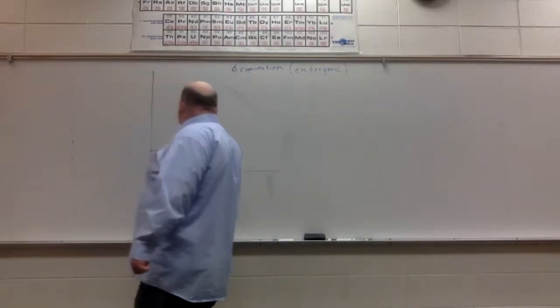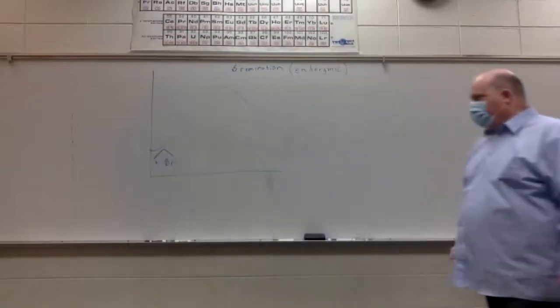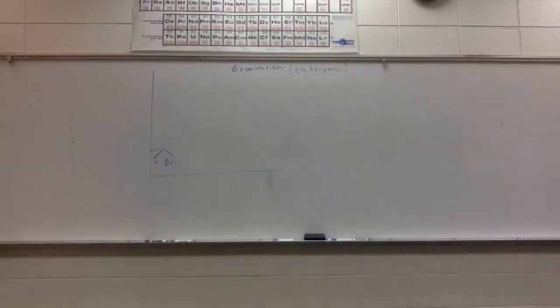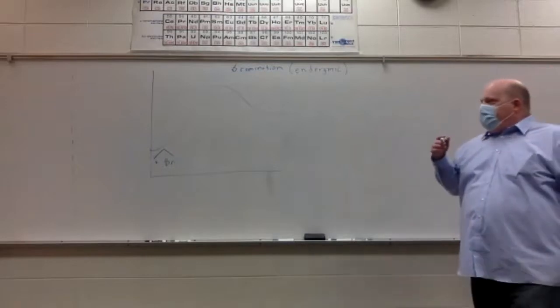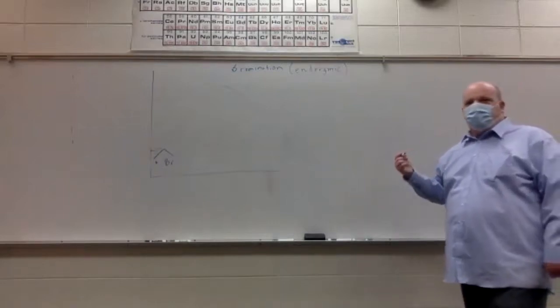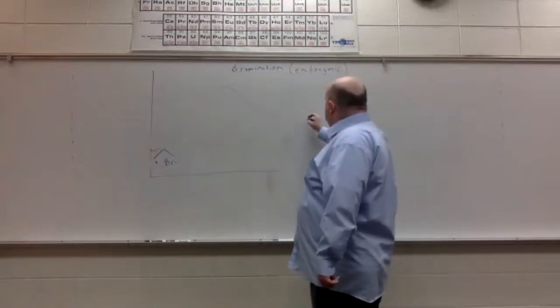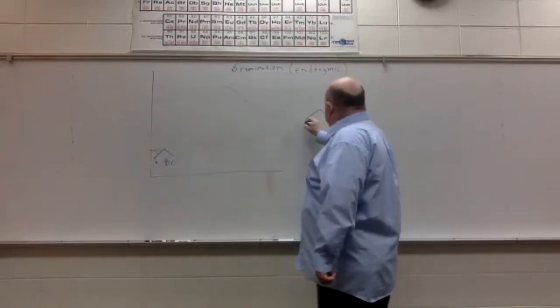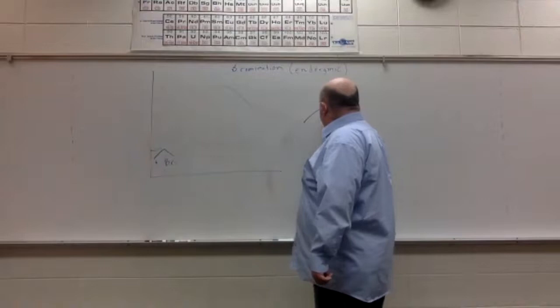So at the very beginning of this process, we have propane, and we have that Br radical that was formed. Right? And there's a couple of different products that you could get, right? You could get, let's put it over here.